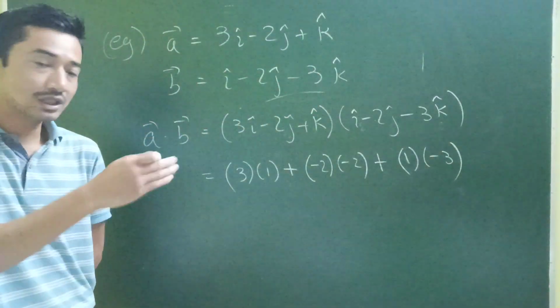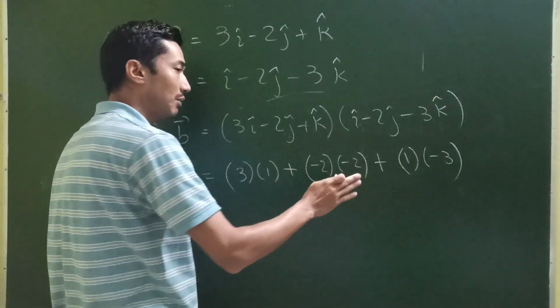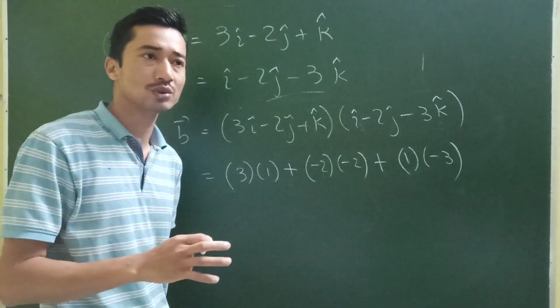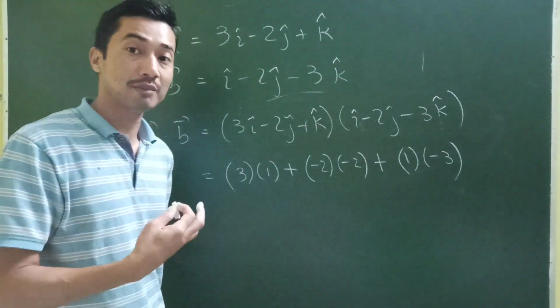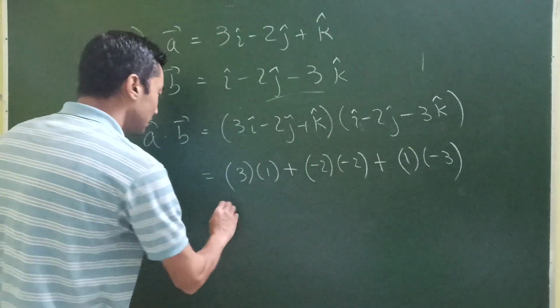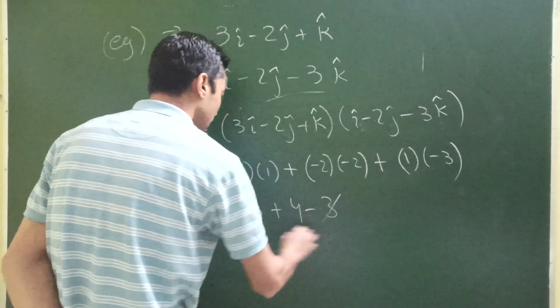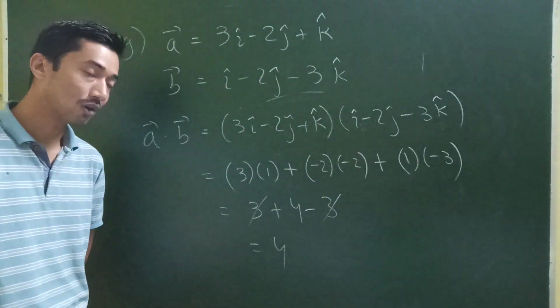So if you're careful with the brackets and then you just write the specific values with plus, then the careless addition and subtraction mistakes which students generally make are avoided. I even make a lot of careless mistakes myself, so in order to avoid that, that's 3 minus minus plus 4 plus minus minus 3, so the value is 4 itself again. Alright, got it?